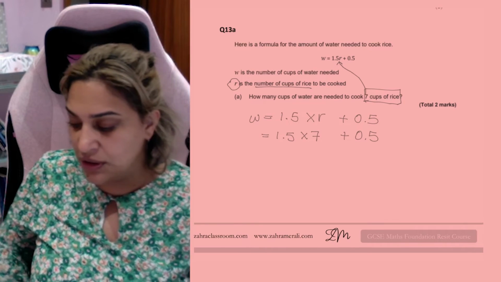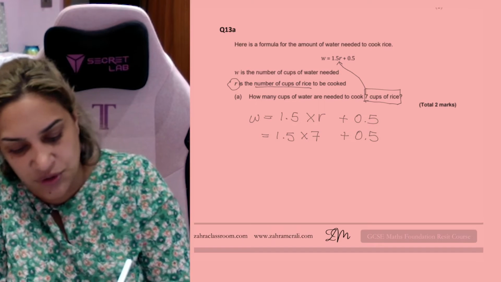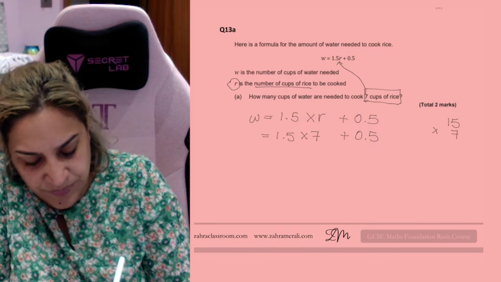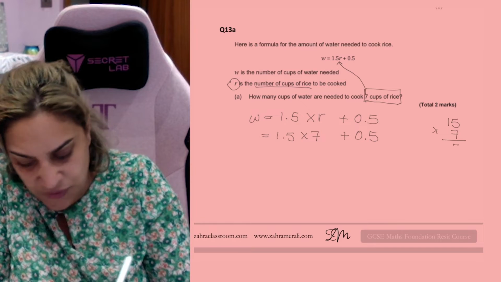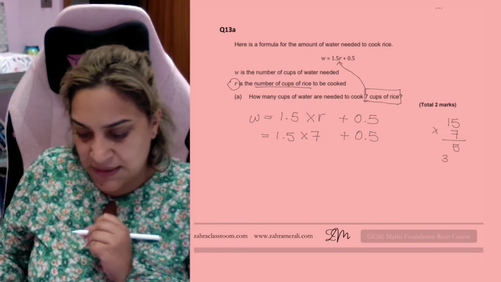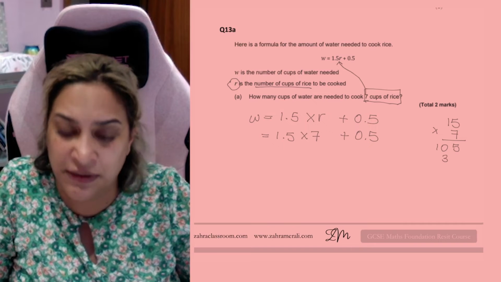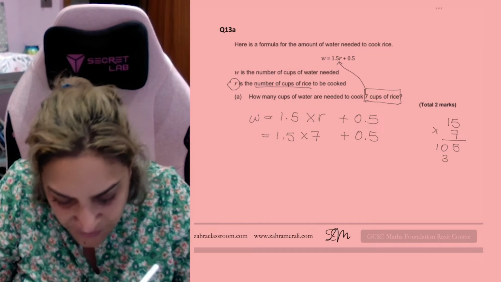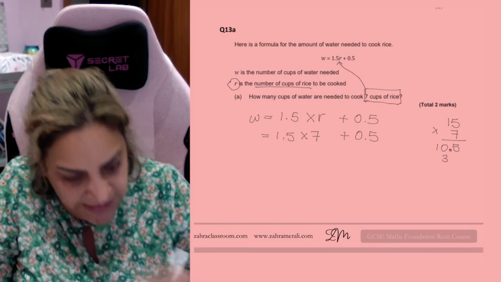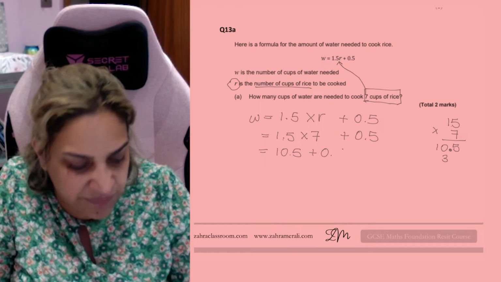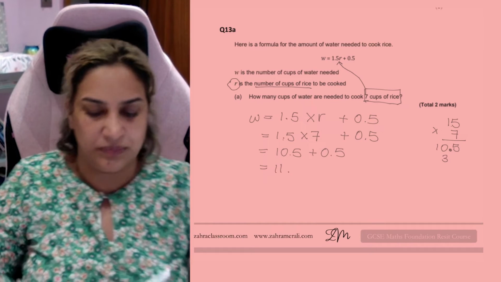You would do a long multiplication. You would do 15 times 7 gives you 35, 70, 80, 90, 100. So you'd get 105. There's one number after a decimal place, so you'd have to put that there. So we've got 10.5 plus 0.5, which gives us 11.